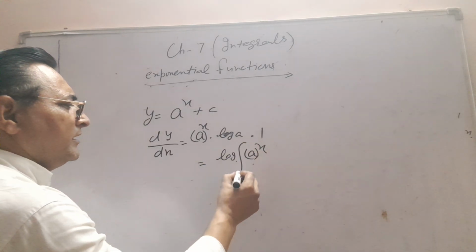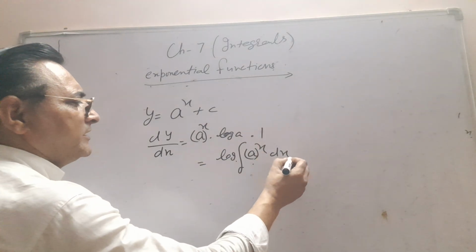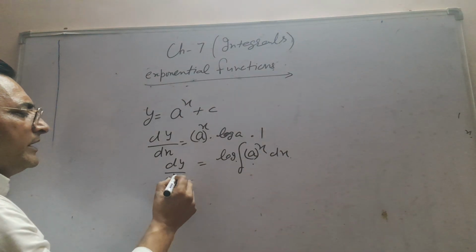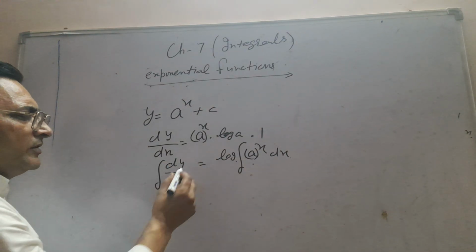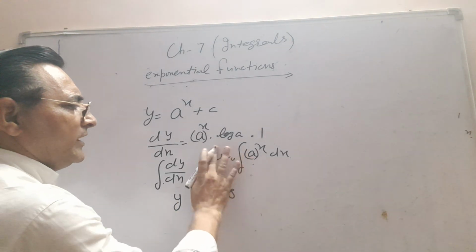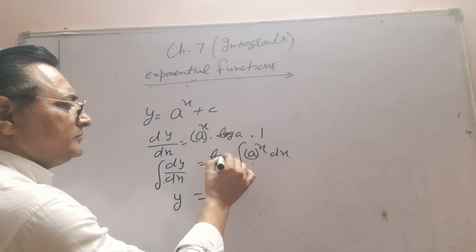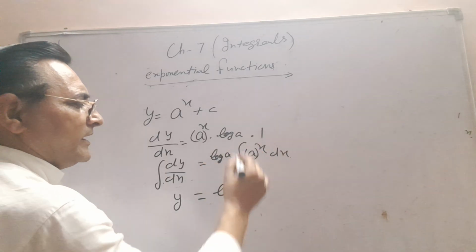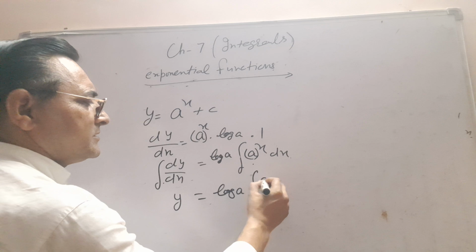If we integrate both sides with respect to x, from dy by dx we get y is equal to the integral of log a into a power x dx.